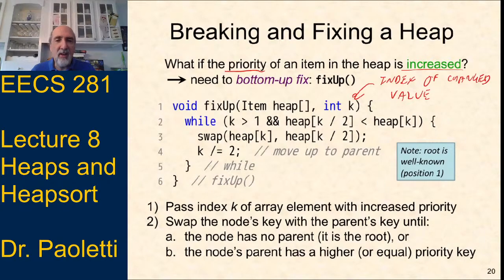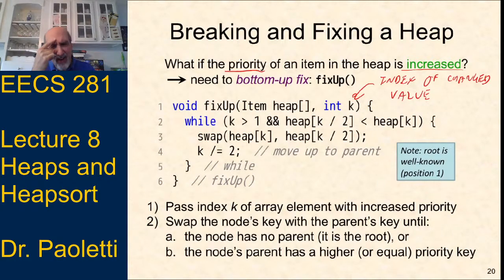So k is the index of the changed value. Now, I've got to keep fixing things as long as, okay, so what does the while loop say? It says, keep going while k is greater than 1.